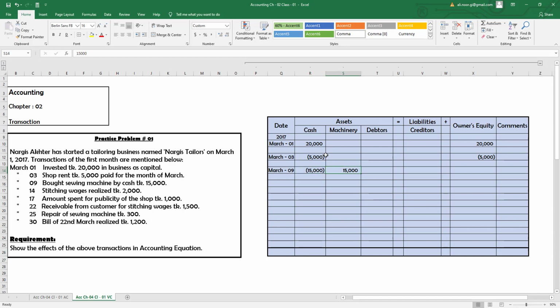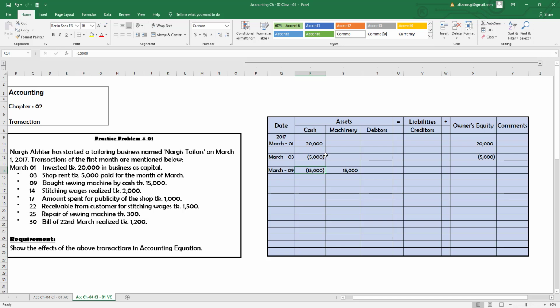So please remember that we have to write a double entry. We have learned from our theory that this is a double entry system. So every transaction will influence any two of the elements, or among three elements, of the accounting equation. Okay, let's move on to the next question.